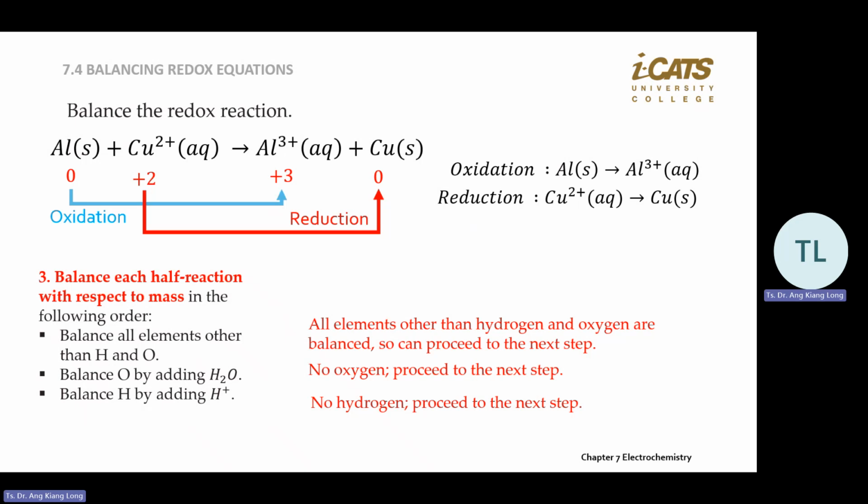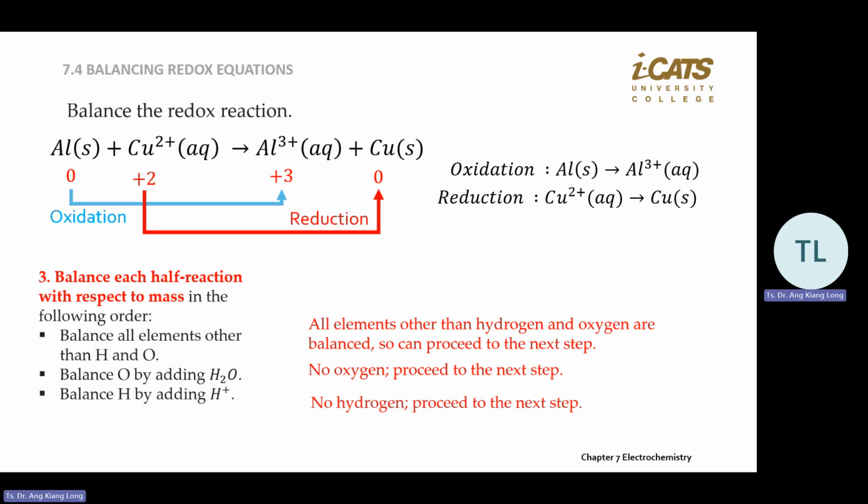Once you balance everything, if you see O in your equation, you add water on the right-hand side of the equation. If you see H on the right-hand side of the equation, you write +H+.